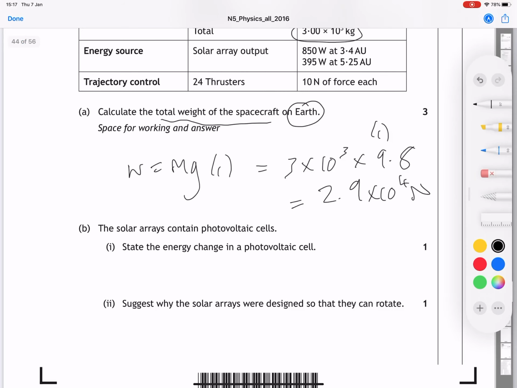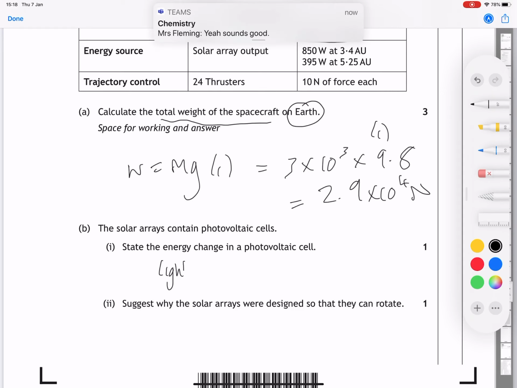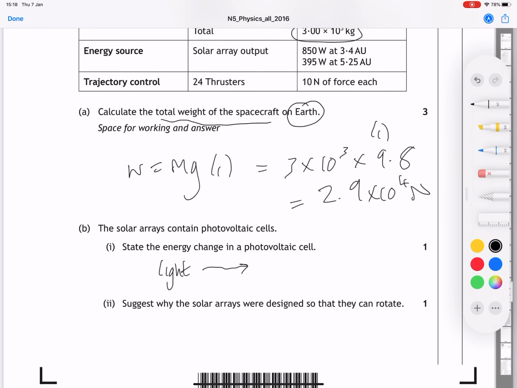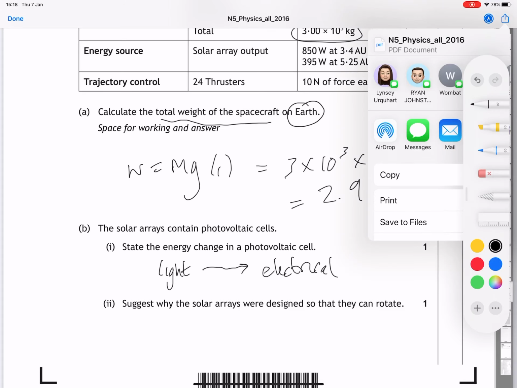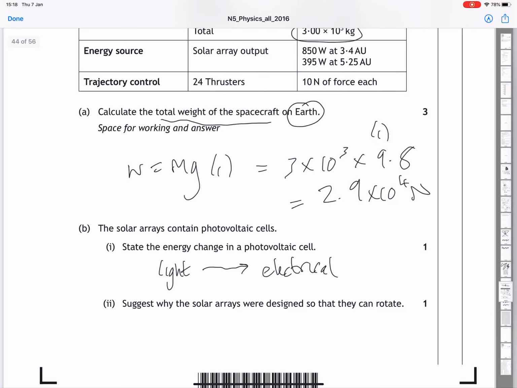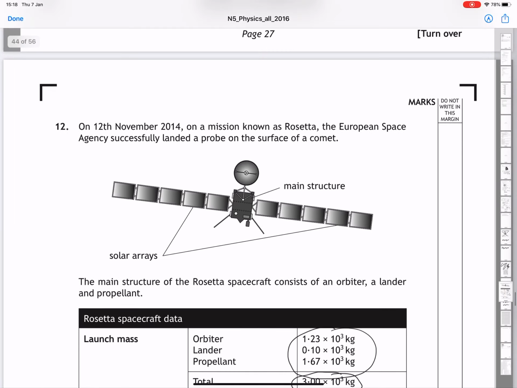The energy change in a photovoltaic cell is it takes light in, so it converts light energy into electrical energy. Right, part C, suggest why these rotate.